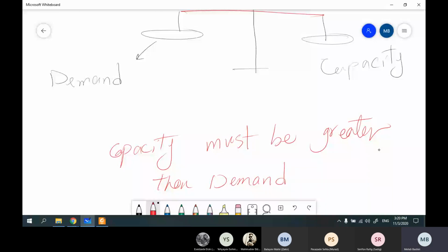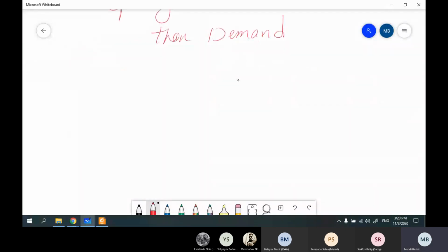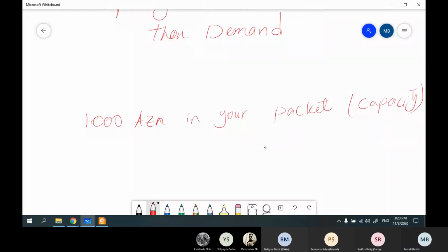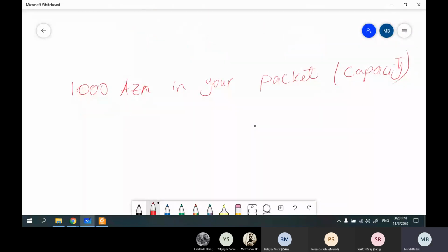I'm gonna explain with an example. For example, you have 1,000 manat in your pocket. This is your capacity. And you want to buy something with the price of 900.